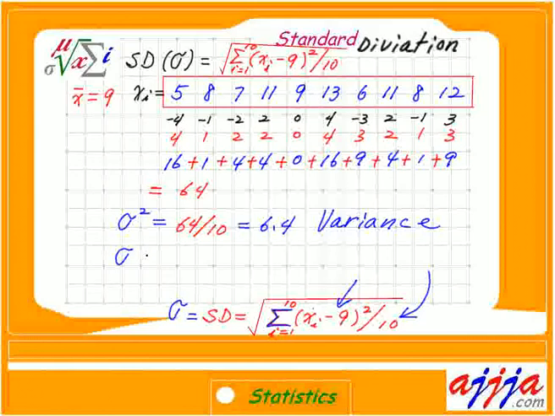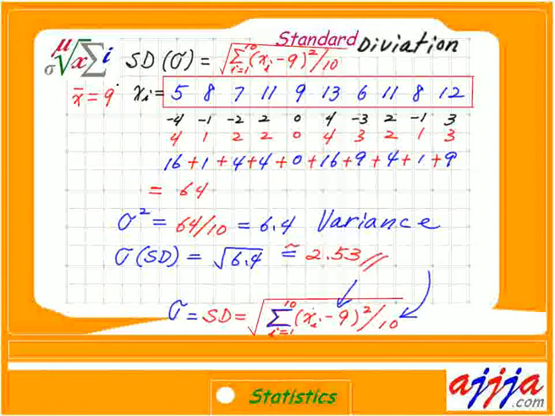So this is sigma, but before the square root, it means sigma squared.